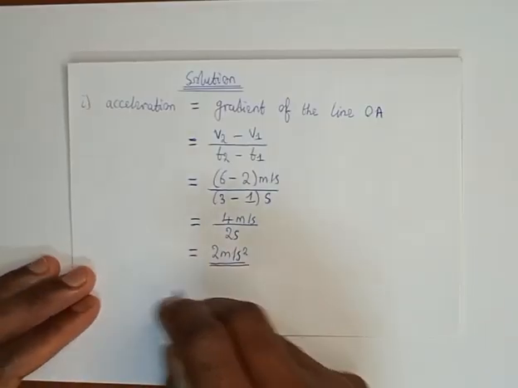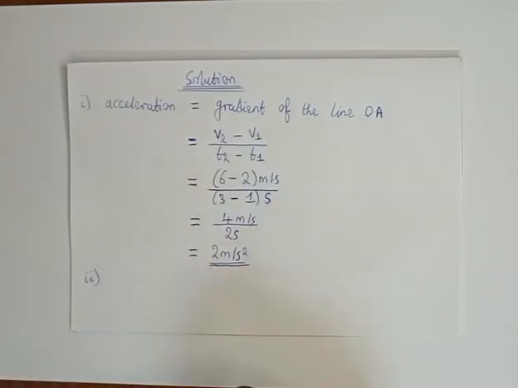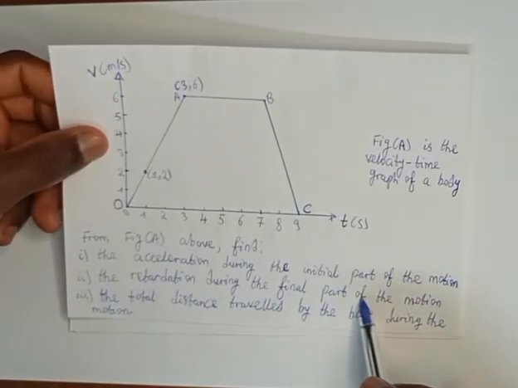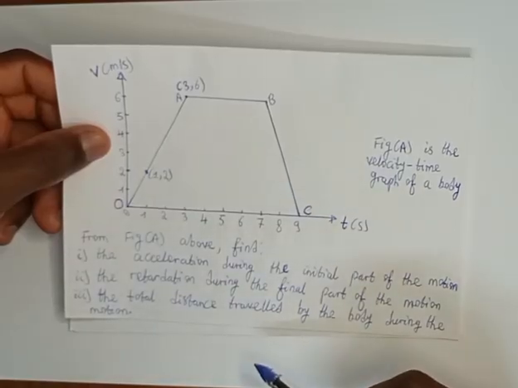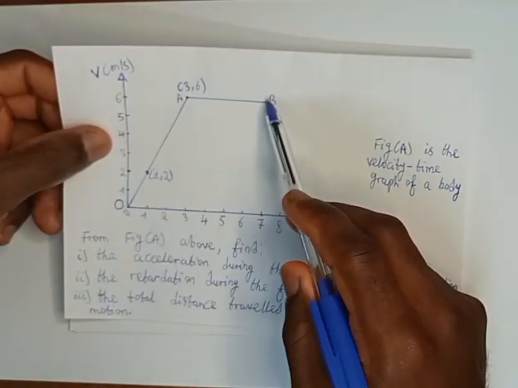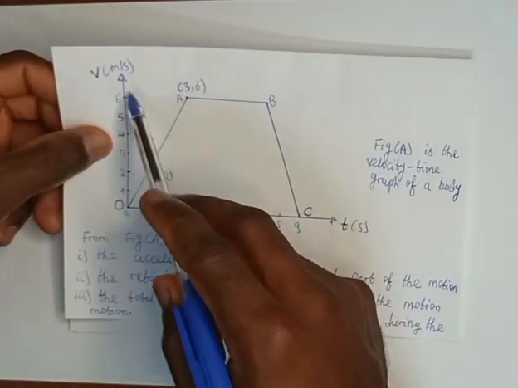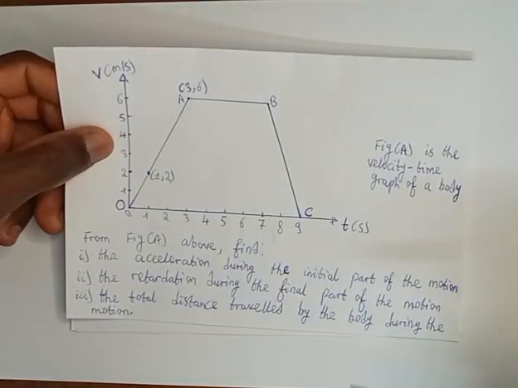We move now to the next question, question 2i. For question 2i, we have to find the retardation during the final part of the motion. Retardation is simply the negative acceleration. You see that here, the last part of the motion, there is a retardation because the velocity of the object is decreasing with time.